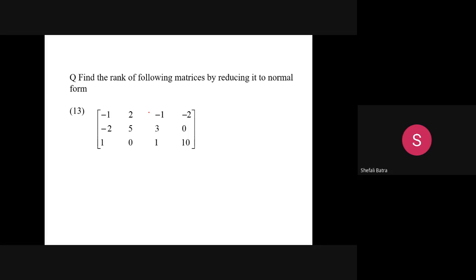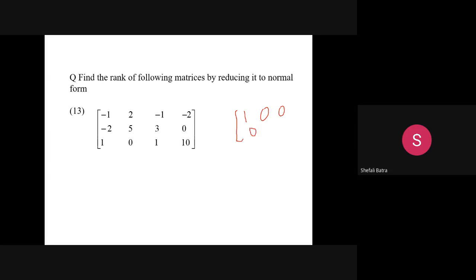How can we proceed? The criteria would be the same. I need 1 at this place and then 2 zeros. So the same process applies: I need to make an identity matrix here, and that depends on the matrix.